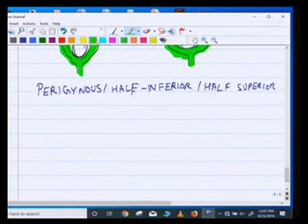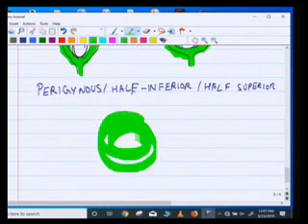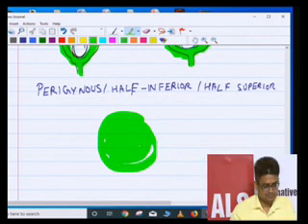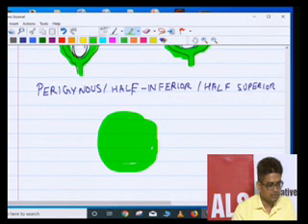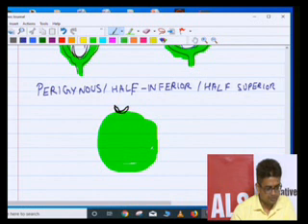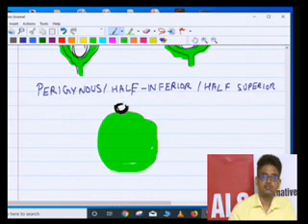In guava, let me draw a guava just a second. I just want to explain something to you. In the guava, you see these kind of things, brown colored. You remove this part.